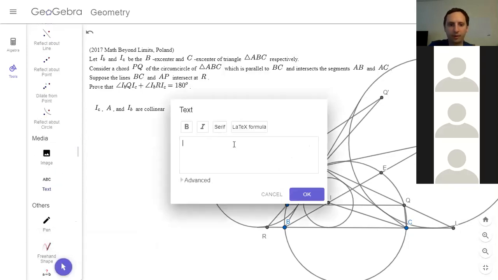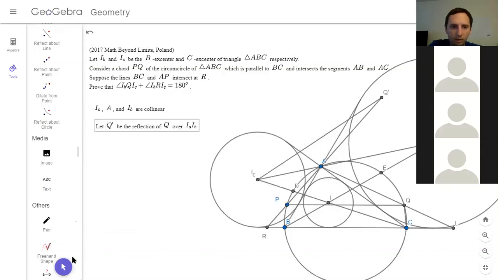So first I'll say let Q prime be the reflection of Q over IA IB. Since IAIB is the exterior angle bisector of angle A, that means that Q prime A and P are collinear.